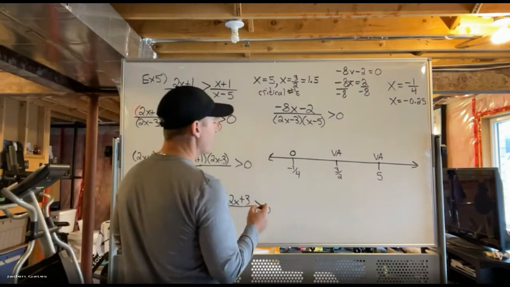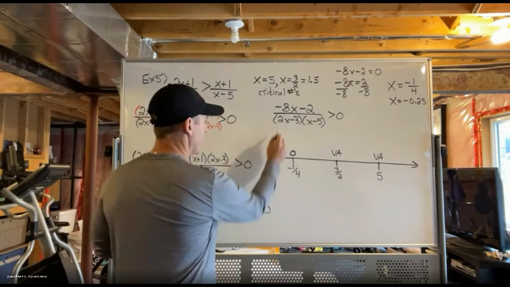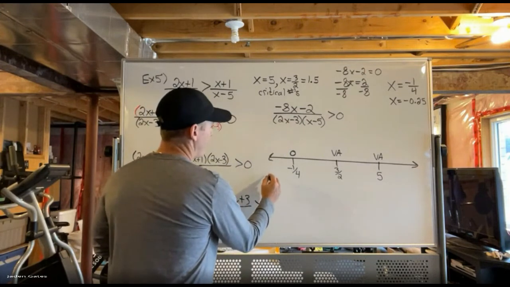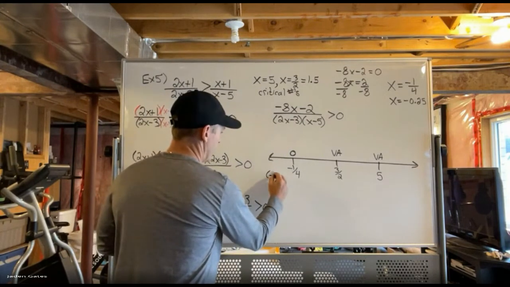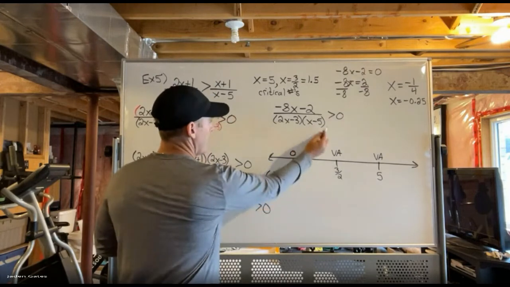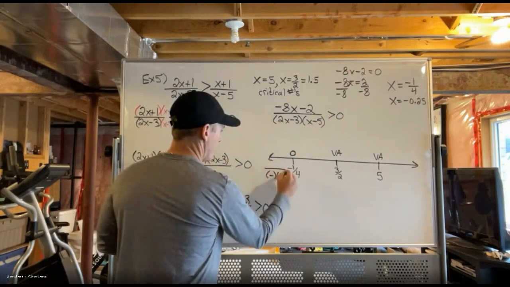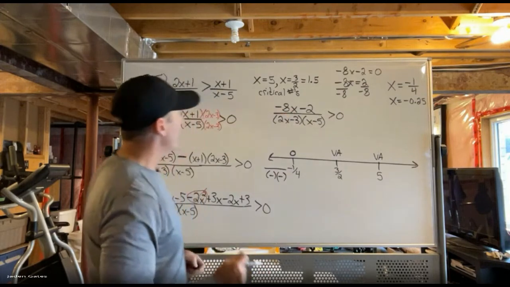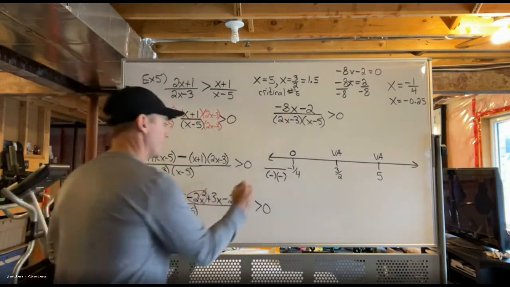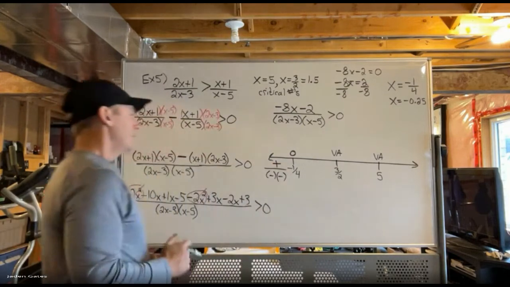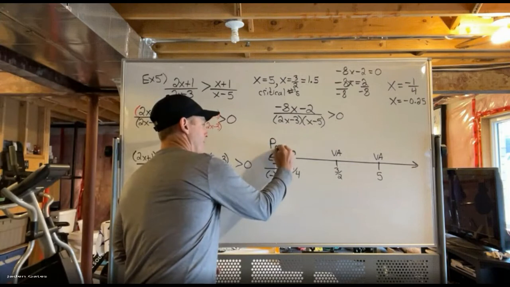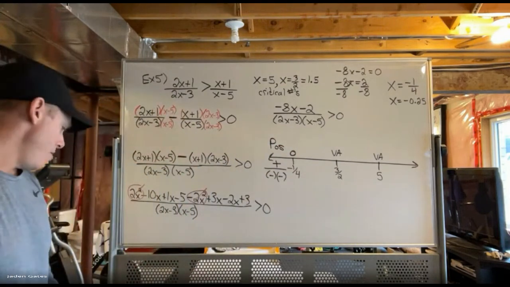So let's start off with a number left of -1/4. I'm going to go with -1. And so let's see here. 2 times -1 in the bottom there is -4 minus 3. That's definitely negative. -1 minus 5, that's negative. And what about the top? Put a -1 in there. -8 times -1 would be positive 8 minus 2, positive. All right, well, that looks like it's going to be positive before -1/4.